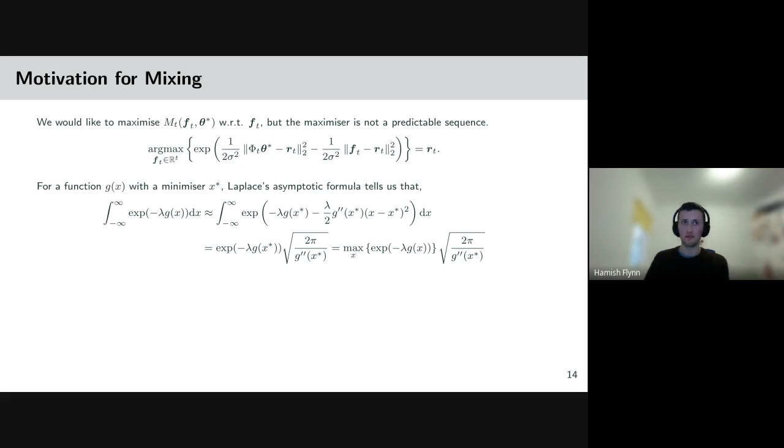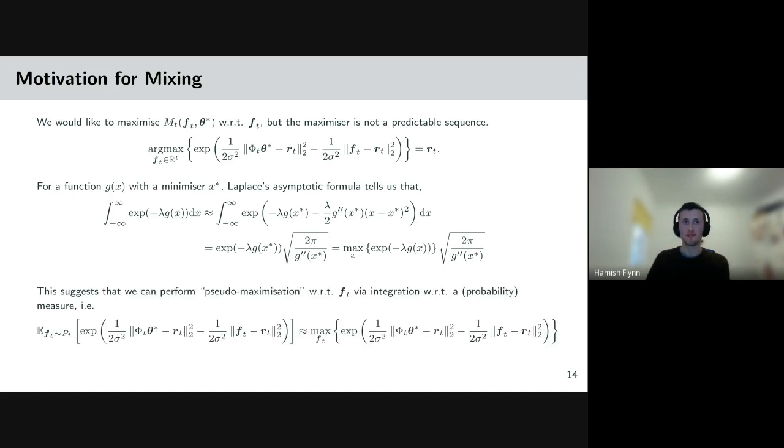So first we do a Taylor approximation inside the exponential, and then we end up with something that looks like a Gaussian density, so we can just write down the integral, which is the maximum times some constant factor.